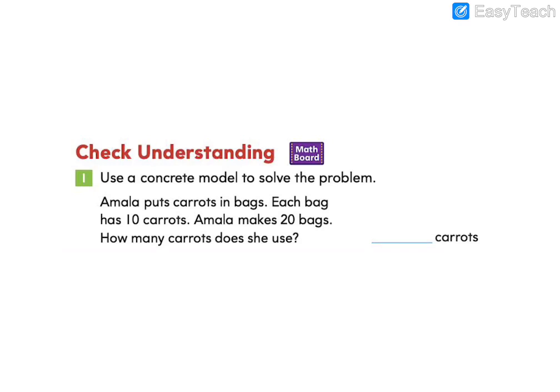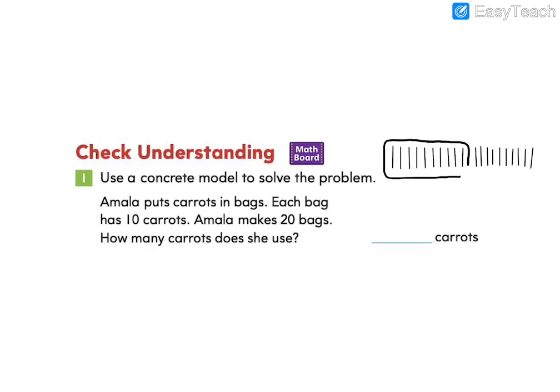So if you're drawing it, you know that she makes 20 bags, and each bag has 10 carrots. So I can use a stick to represent each bag of carrots. So 1, 2, 3, 4, 5, 6, 7, 8, 9, 10, 11, 12, 13, 14, 15, 16, 17, 18, 19, 20. There's my 20 bags.